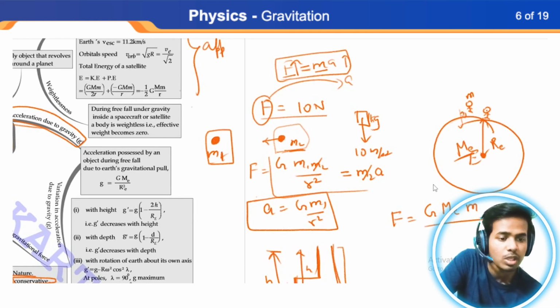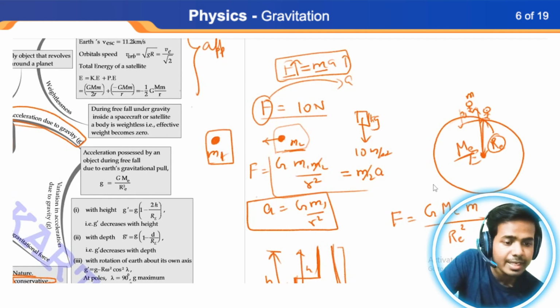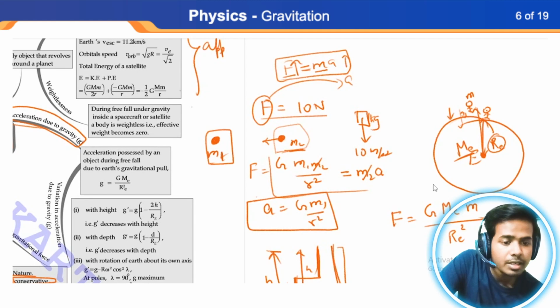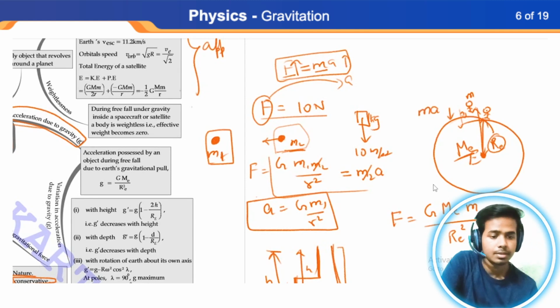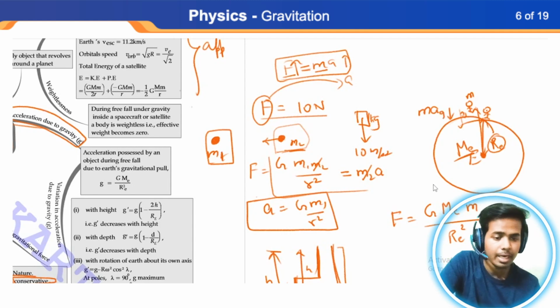Since I told you it is a very small height, I can safely assume it to be equal to the radius of earth, right? So radius of earth whole square, and this must be equal to the force that is being experienced by this small person, and that will result into the mass of the person into some acceleration, right? I can call it maybe g, acceleration due to gravitational force of the earth.